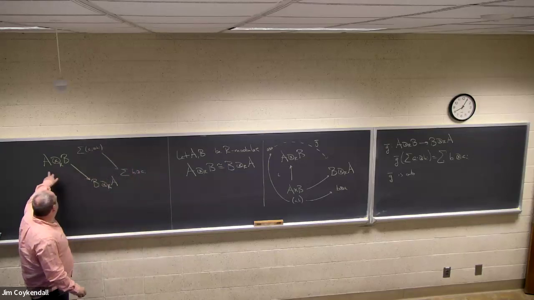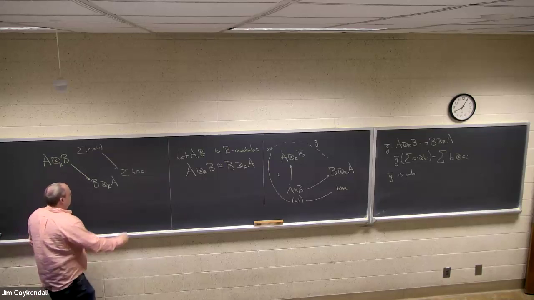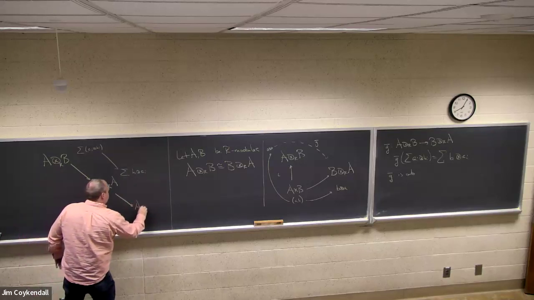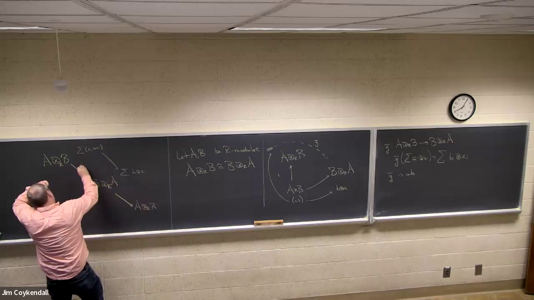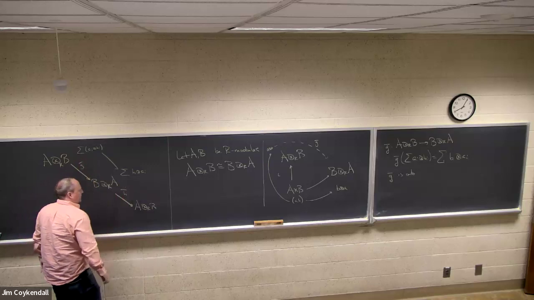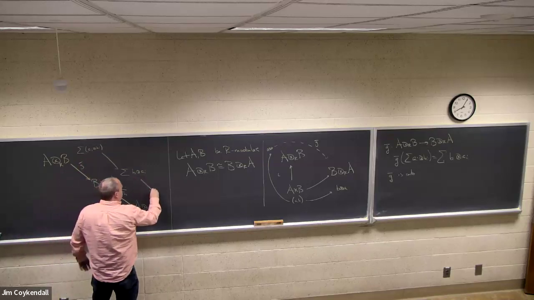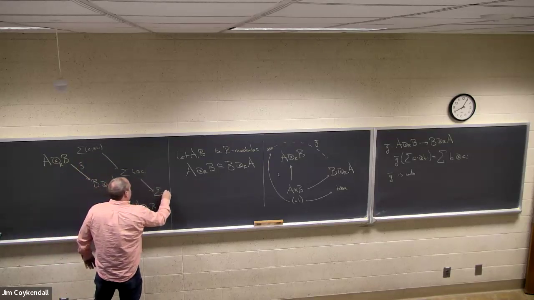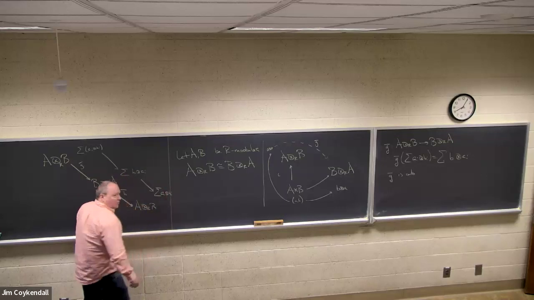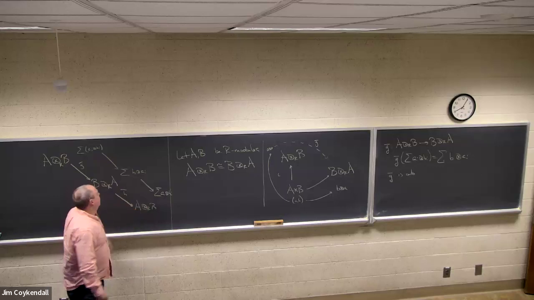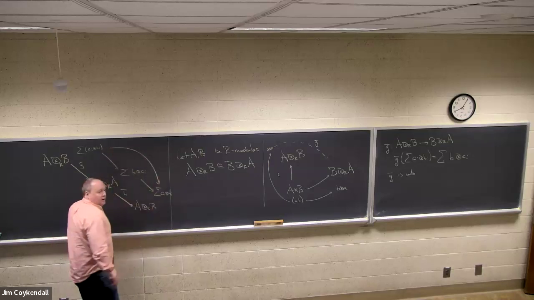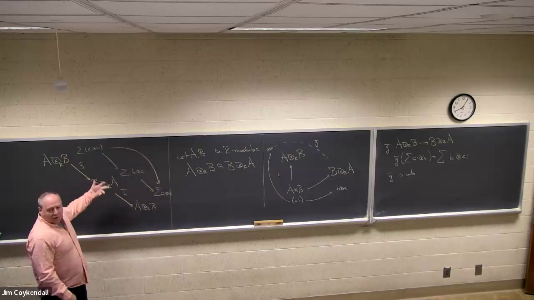But of course, there was nothing special about me doing this one first. What's good for the goose is good for the gander. There should be another map in this direction. And this composition should be identical. And you can do it the other way.